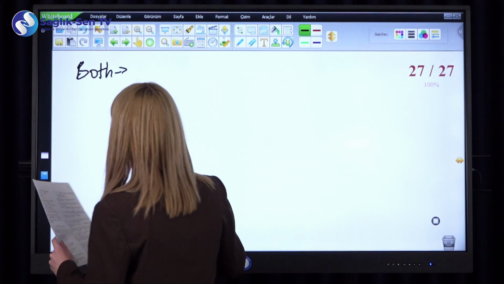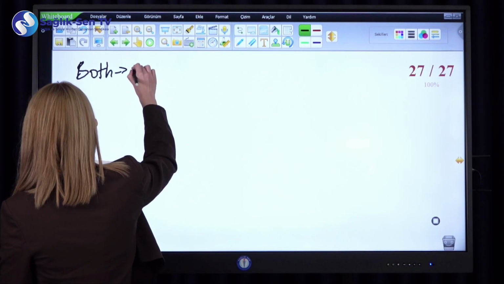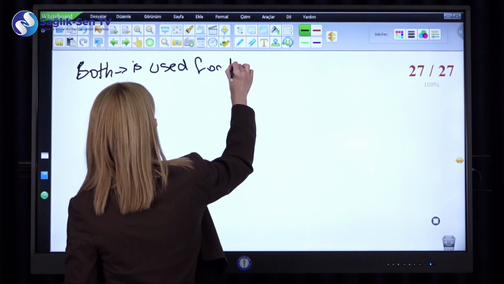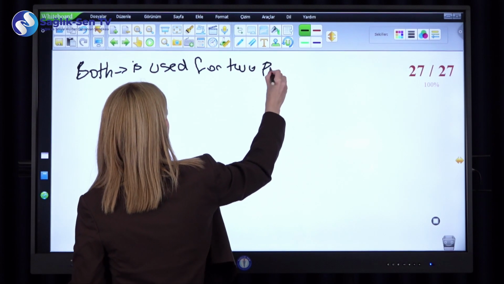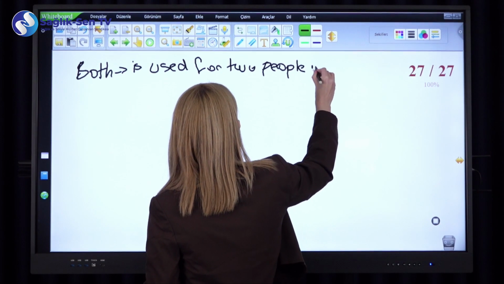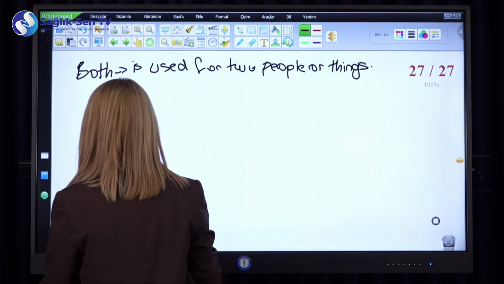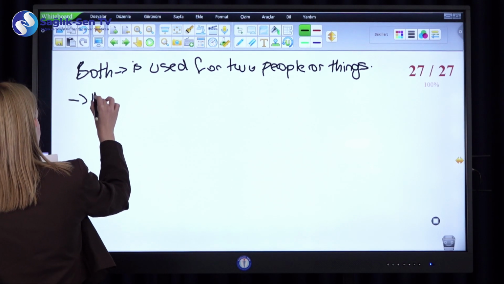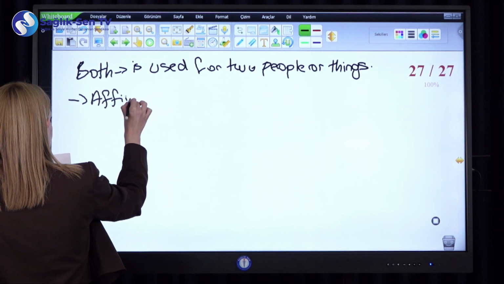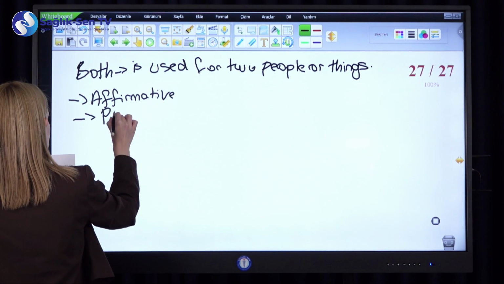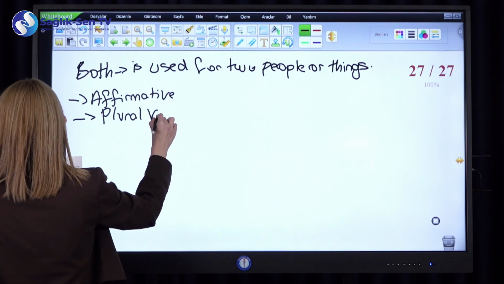And both is used for two people or things. It is affirmative and we use a plural verb.